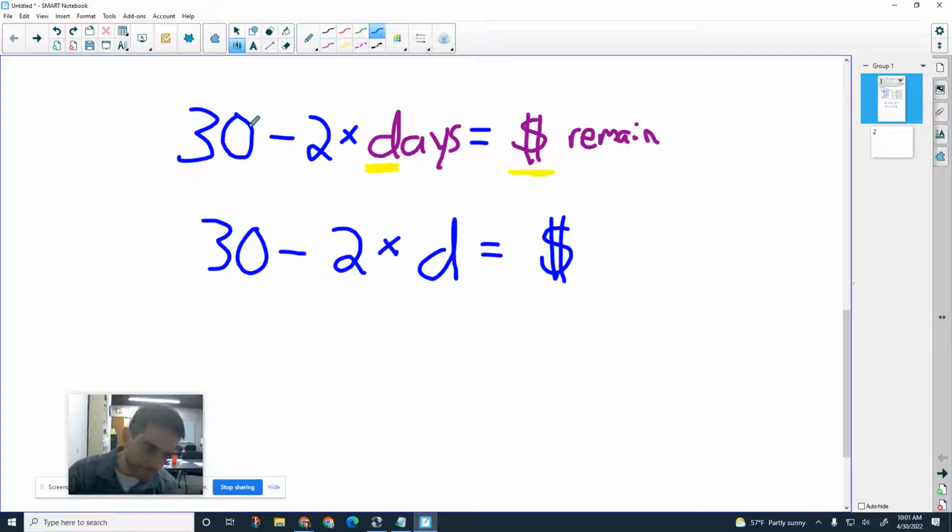At this point, right here, where it says 2 x D, or 2 with the traditional multiplication symbol, in the algebra language, this would be considered bad grammar.